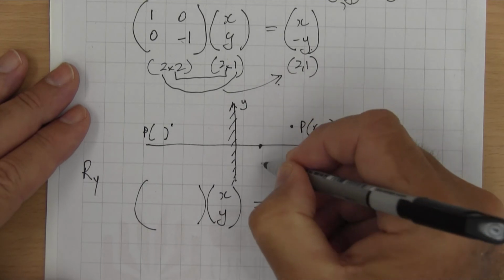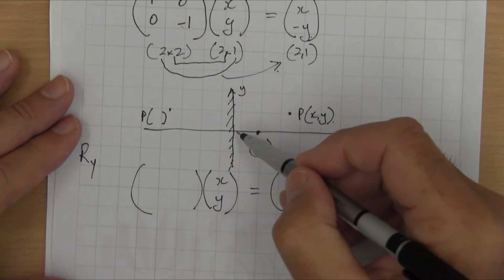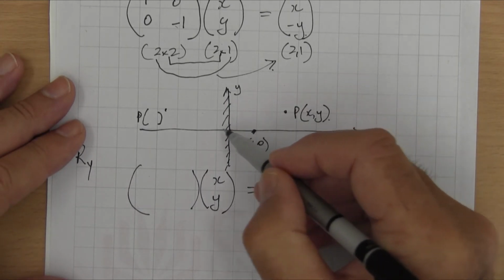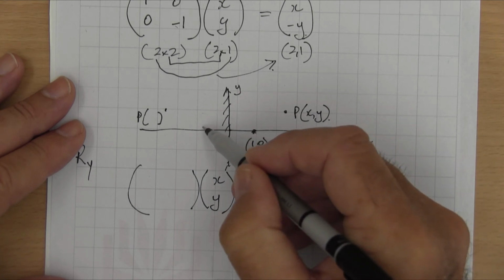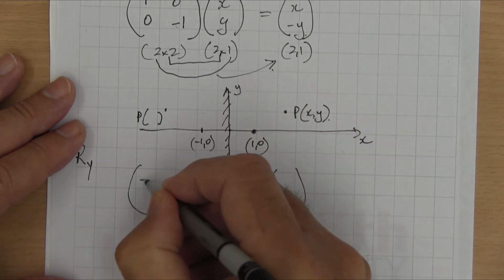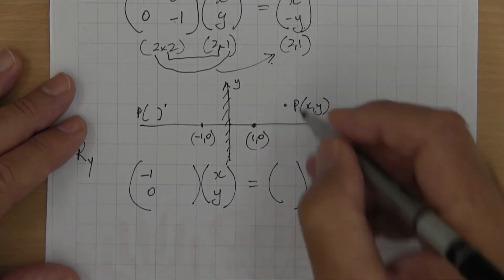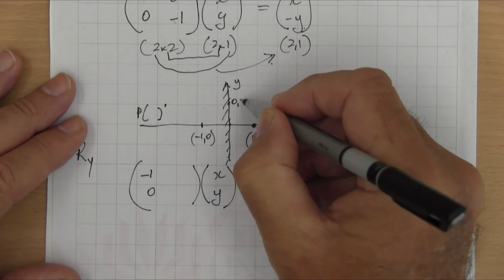What happens to the point (1, 0)? Okay, if this is a reflection in the y-axis, we always start with what happens to (1, 0). (1, 0) will go to (-1, 0). So I write that down as a column. And the second point we look at is what happens to (0, 1).